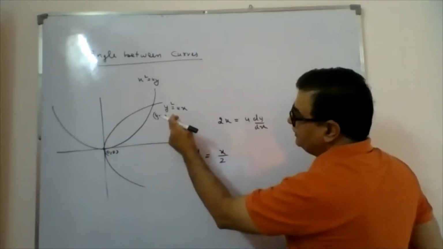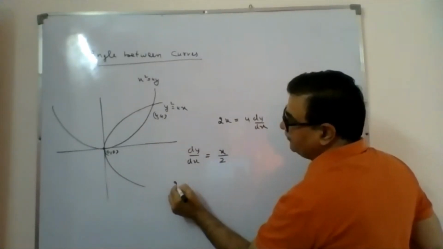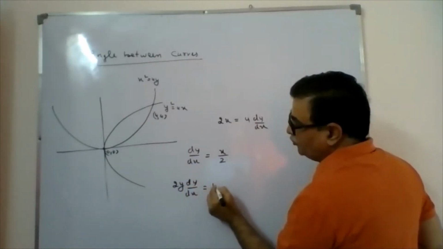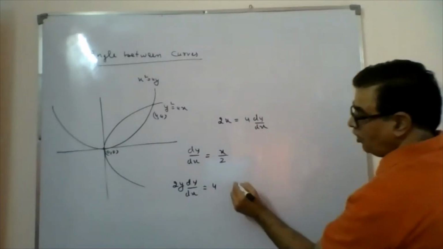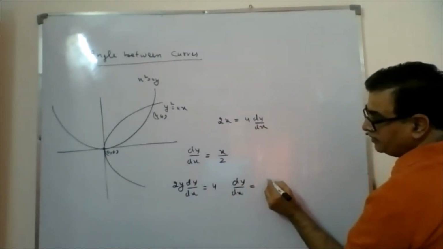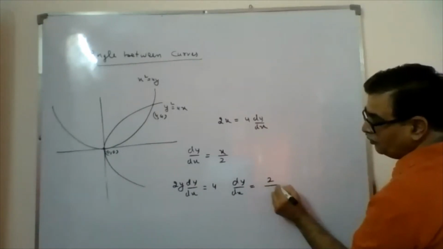And the second one is this: the derivative will be 2y dy by dx equals 4, or dy by dx will be 2 by y.